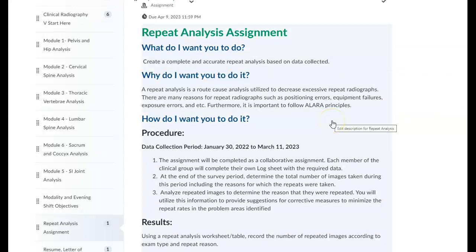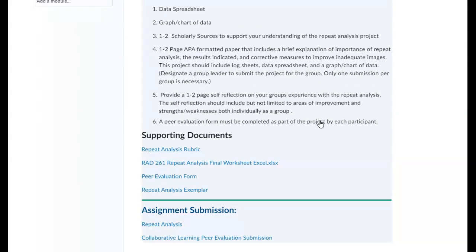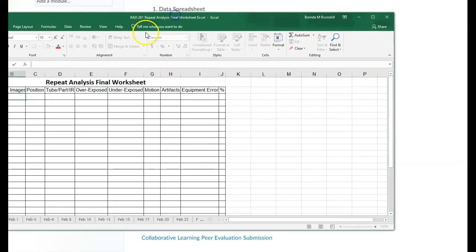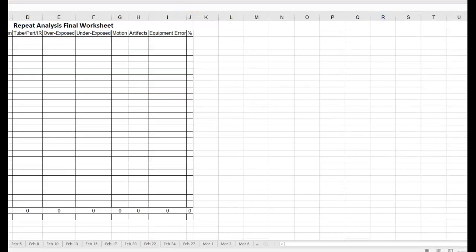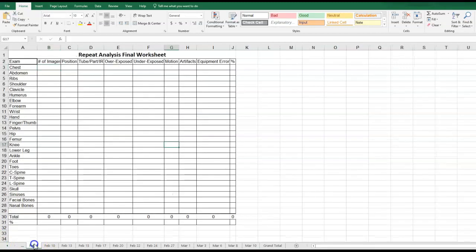If you scroll down here to the supporting documents, you will see that I have provided here an Excel worksheet. And let me bring that up for you. I have provided for you a spreadsheet for the repeat analysis. You can utilize this individually.